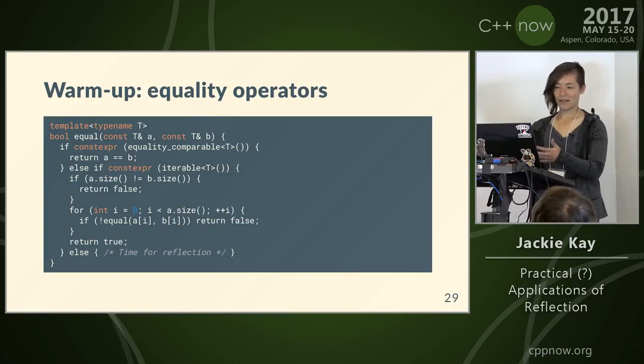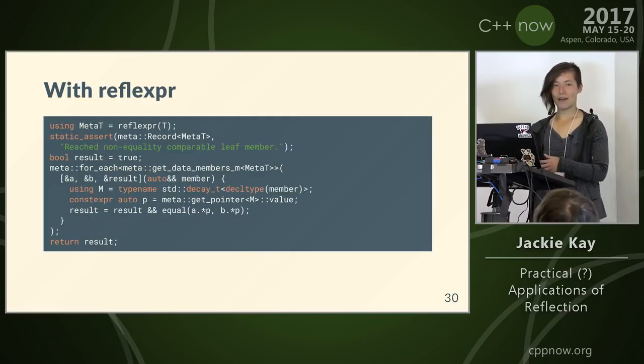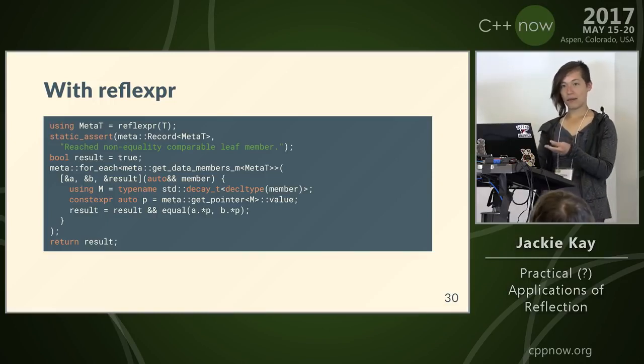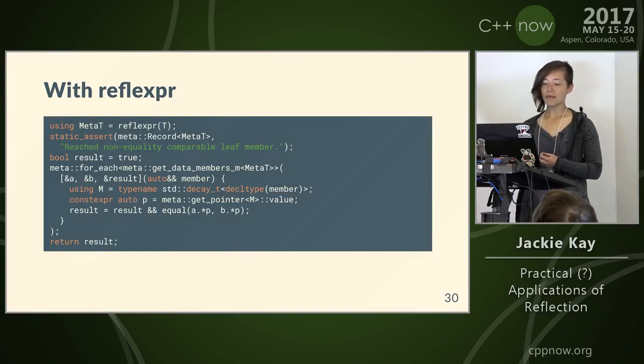But what if T is a record type and we don't immediately know how to equality compare them? We can get all of the members of the T using reflection, get data members from the result of reflexpr T. And then for each of our data members, we have to access the value and then recursively call equal to get the result of the submembers if those are equal.